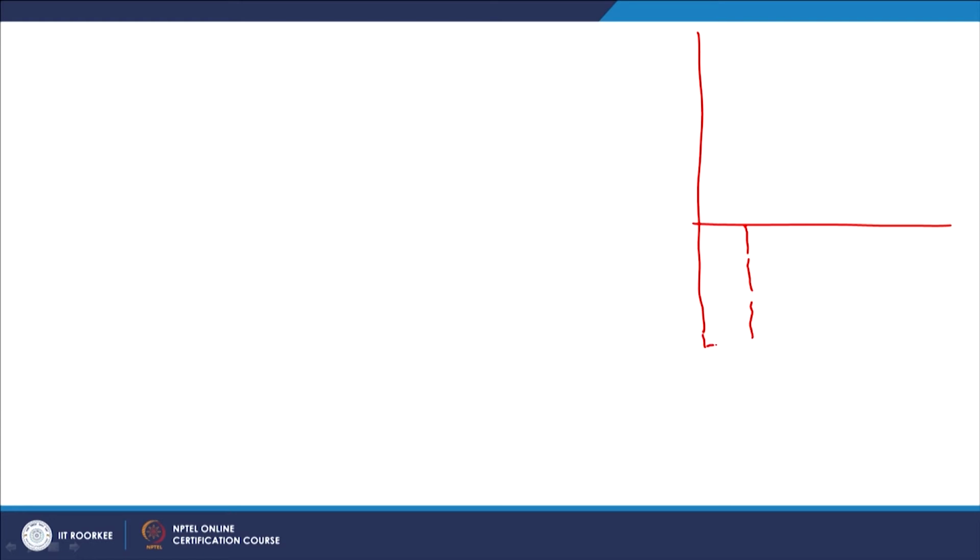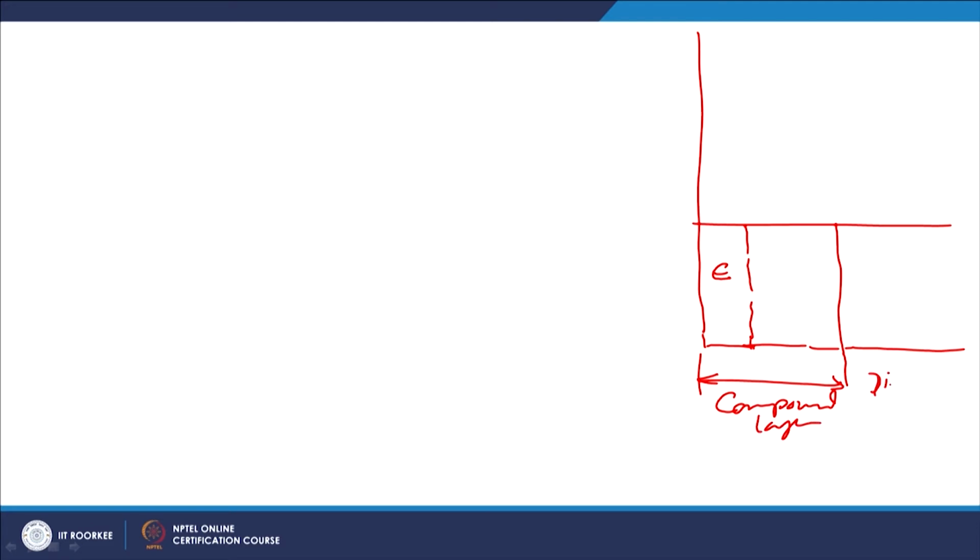surface layers will have one type of nitride layer, then there will be another nitride layer in the subsurface zone, and in the further subsurface zones there will be a diffusion zone. So, if we plot, this is the compound layer zone and this is the diffusion layer zone.